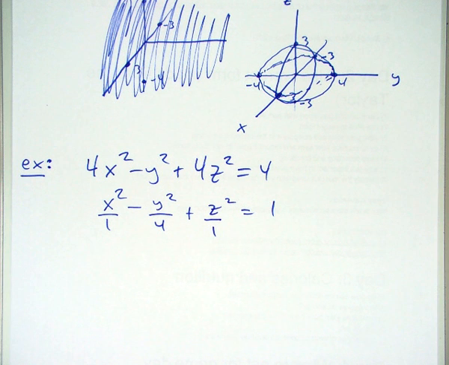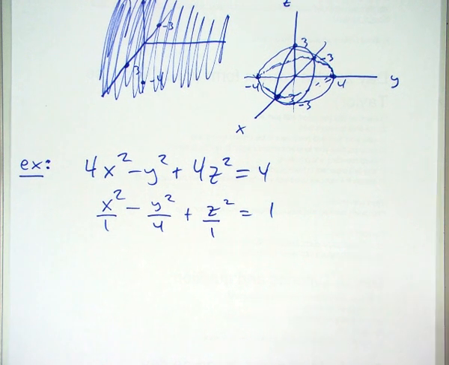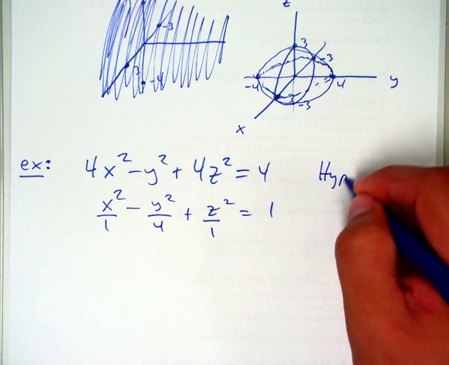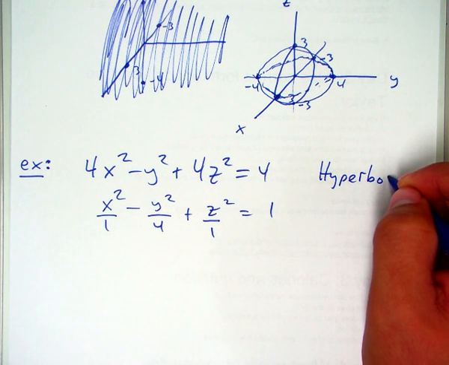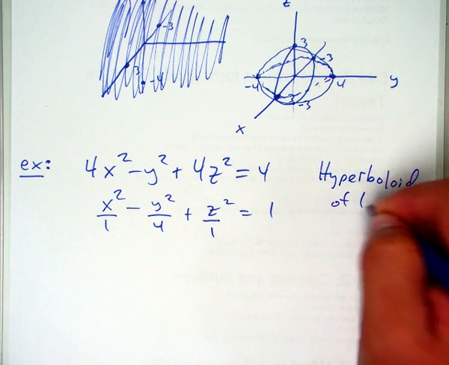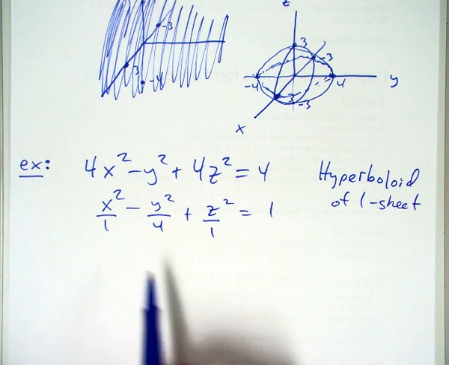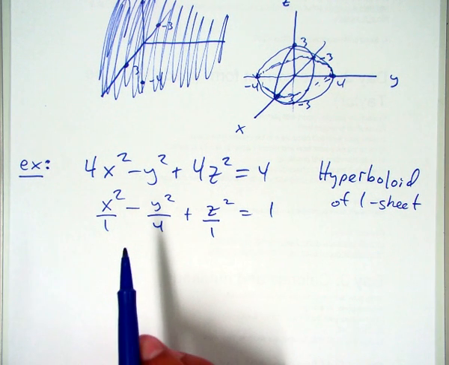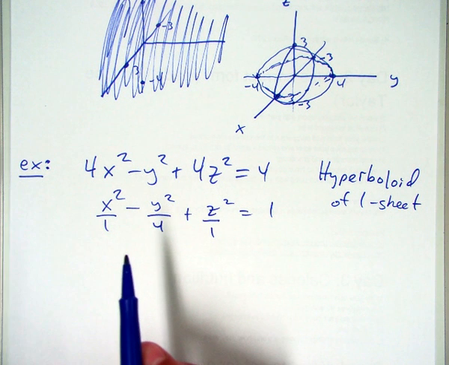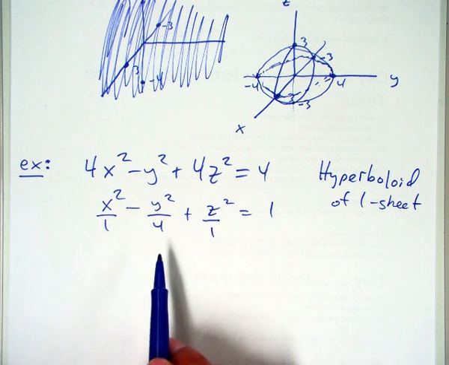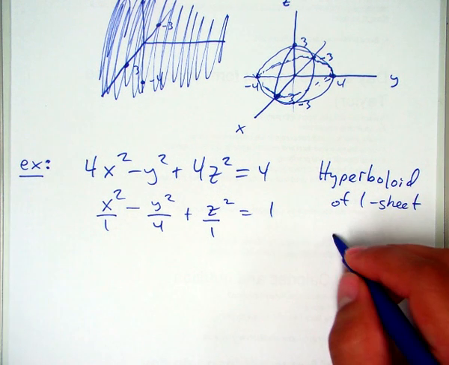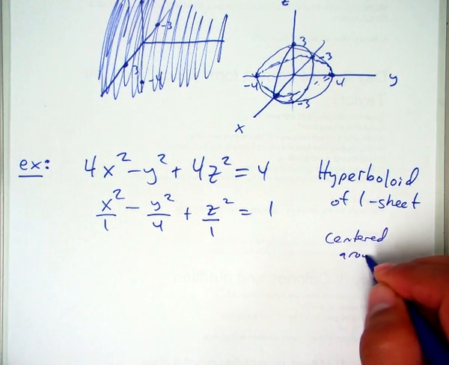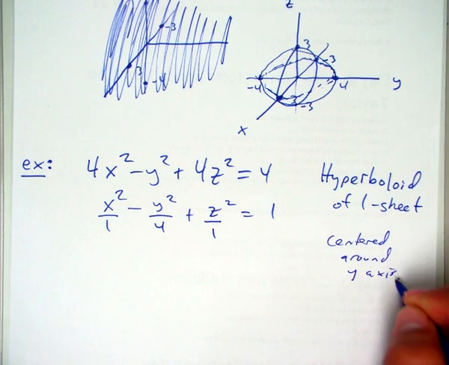This looks kind of like the last example, but now we have one negative term, so this makes it a hyperboloid of one sheet. Now, along what axis? The general example we did had z as the negative term, right? This one has y as the negative term, so we're going to be centered around the y-axis.